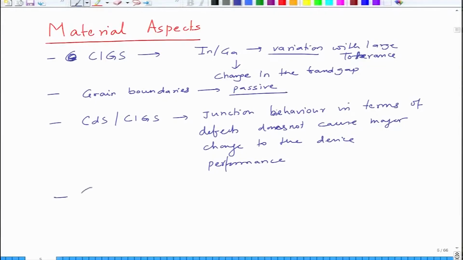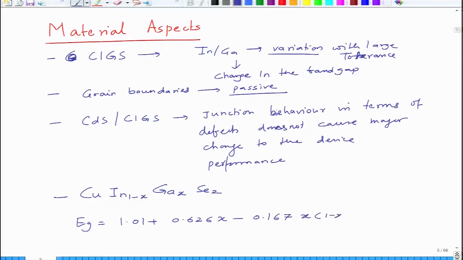So what is now CIGS? CIGS has a band gap. So if you look at CIGS, CuIn(1-x)GaxSe2, the band gap of this material is given as 1.01 plus 0.626x minus 0.167x(1-x).